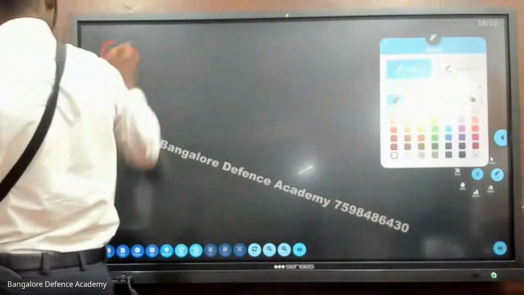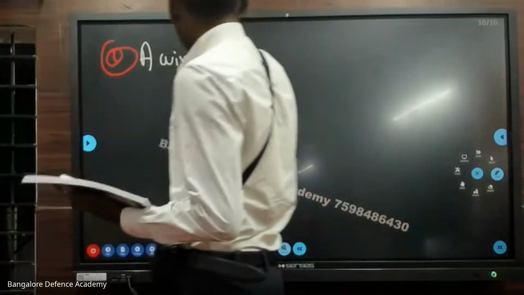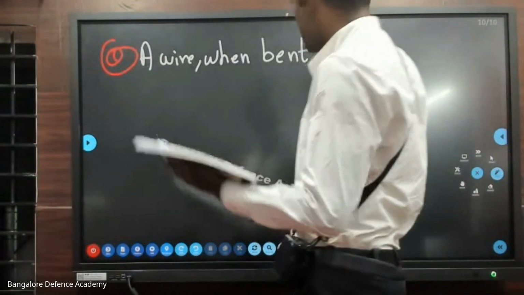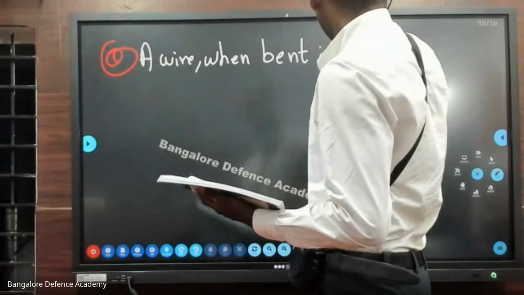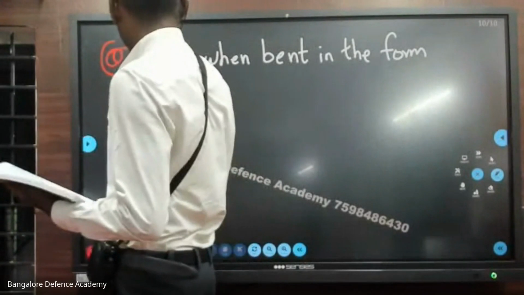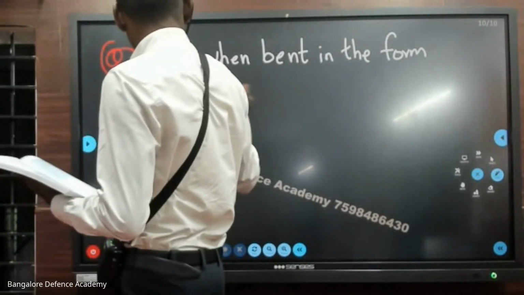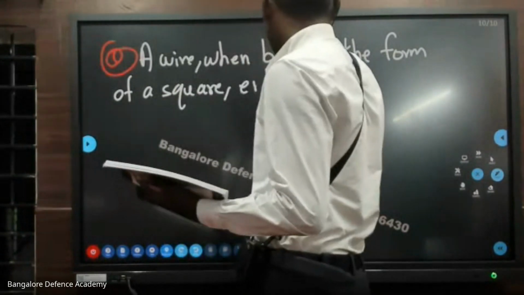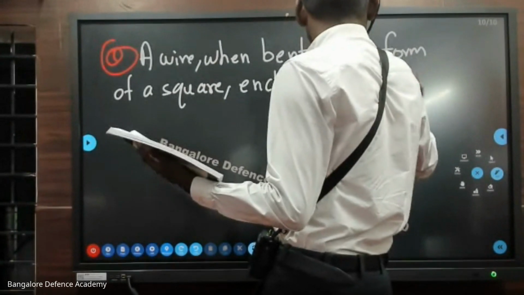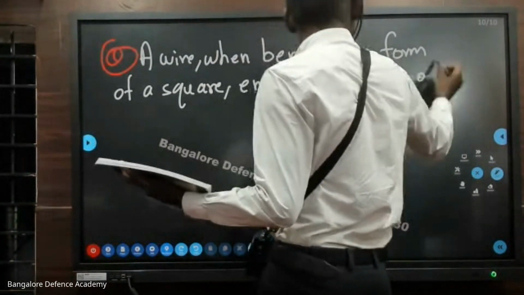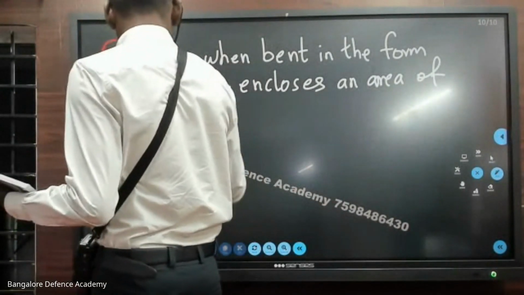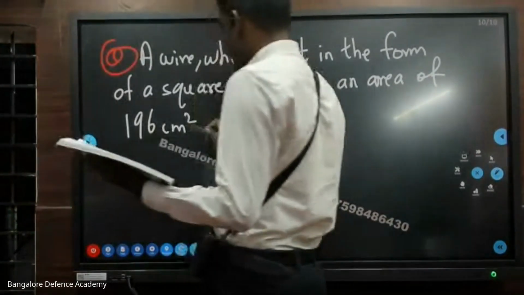A wire, when bent in the form of a square, encloses an area of 196 centimeters square.